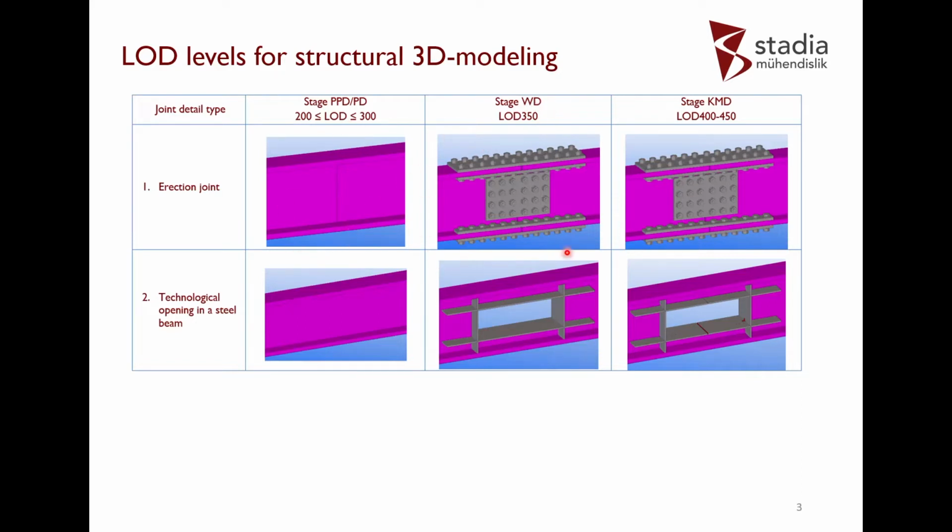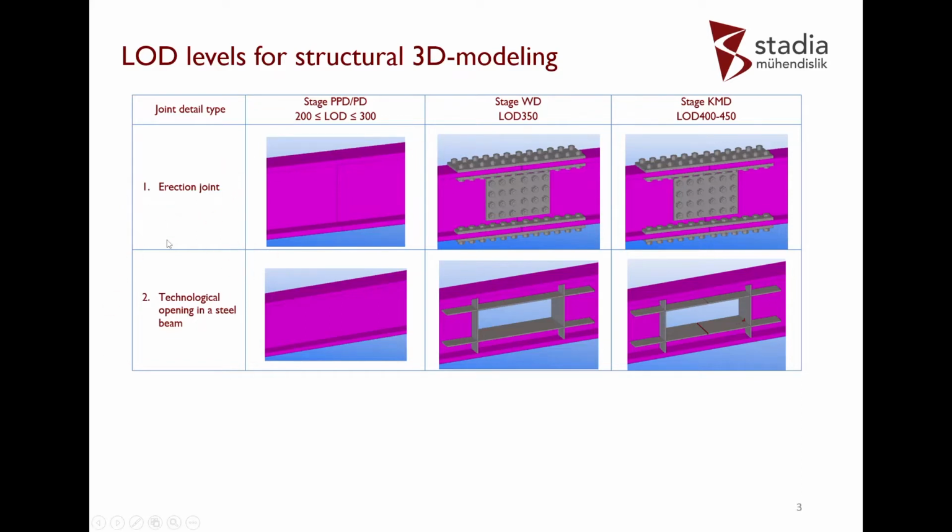In the second column, we have joints with all details, but usually the biggest difference between working documentation and KMD documentation in the model is detailing, in very small details such as welds, bevels, etc. So the shape in working documentation should correspond to the KMD stage. Here I showed an erection joint of a beam and openings.